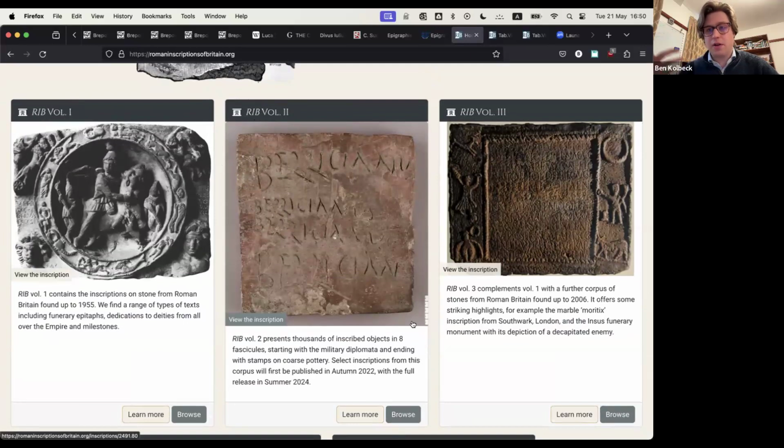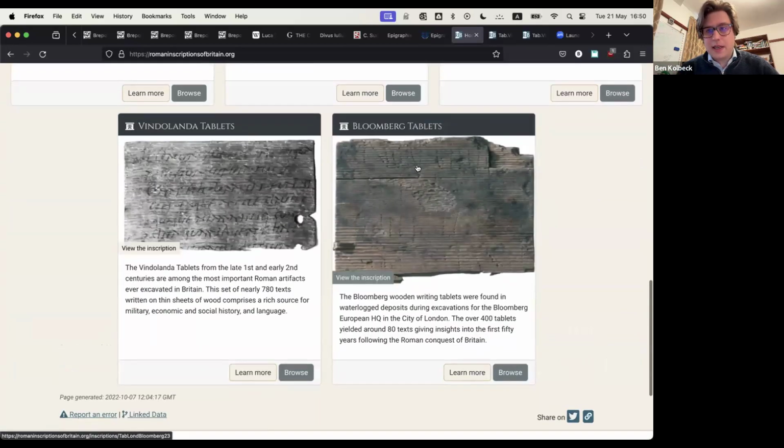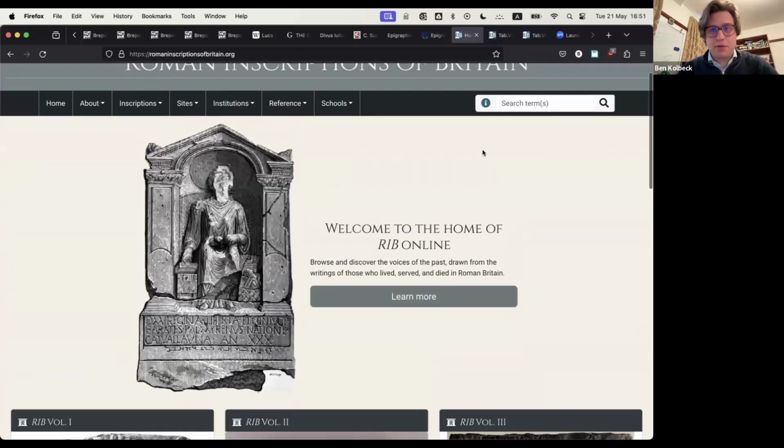So there's stuff on metal, etc. In this, all of the Vindolanda tablets are digitized here, and all of the Bloomberg tablets, which are writing tablets from Roman London, have also been preserved.